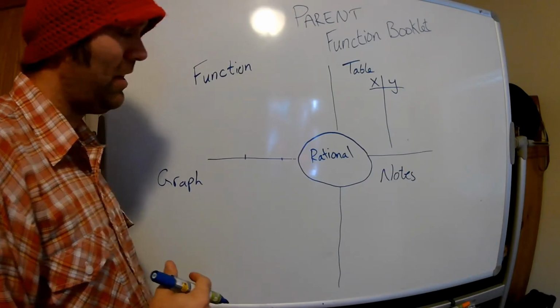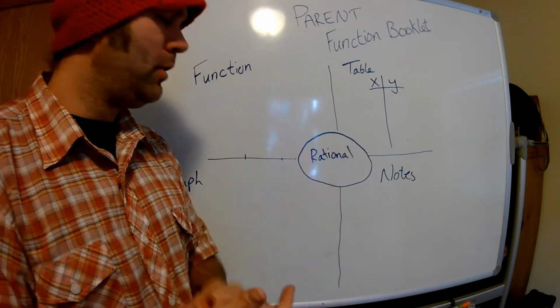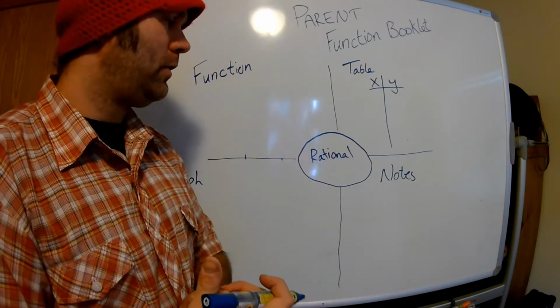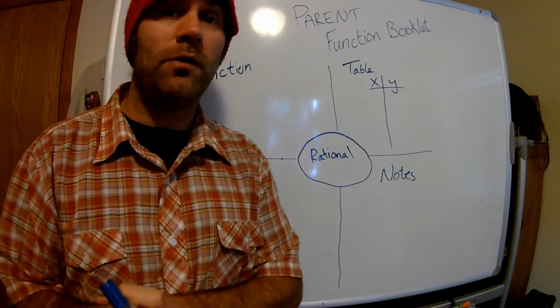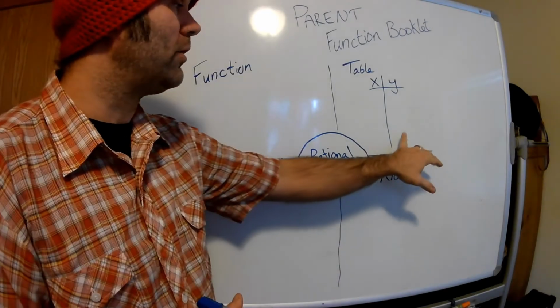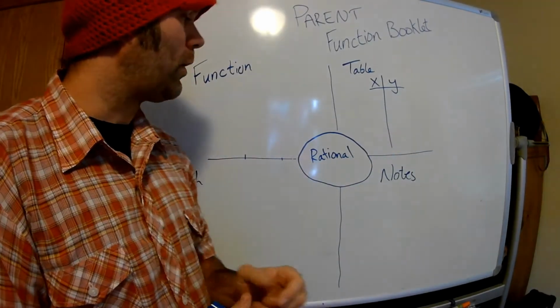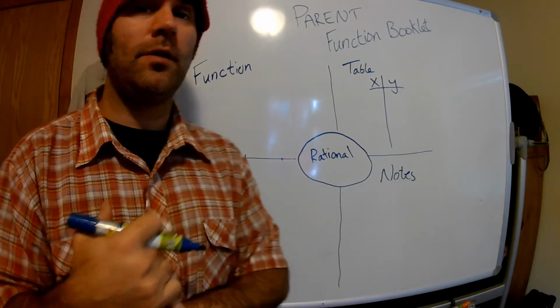So this is kind of the logical progression that we are moving towards, the rational functions. Once you understand polynomial functions, and I think we're getting close to understanding them, we're not quite there yet, but we are moving towards the rational functions as our next focus.